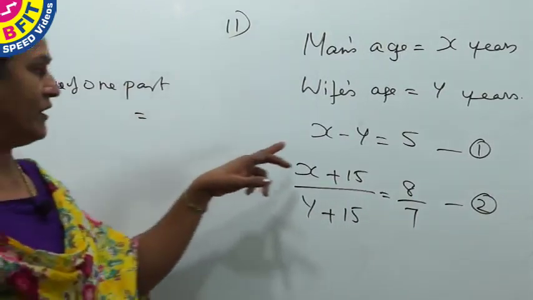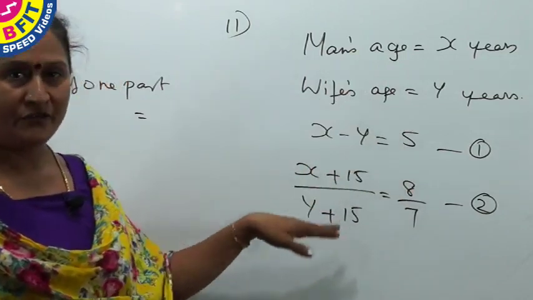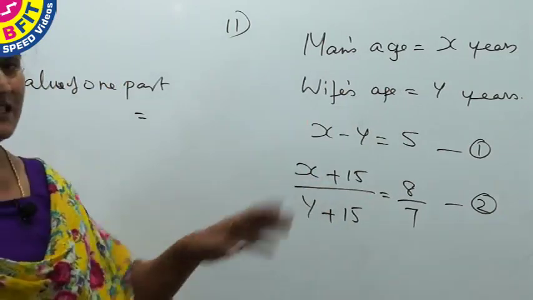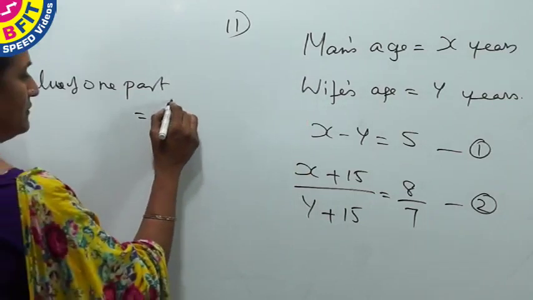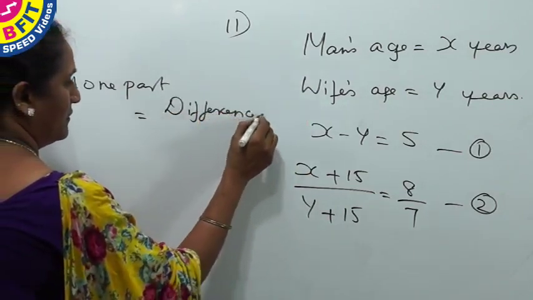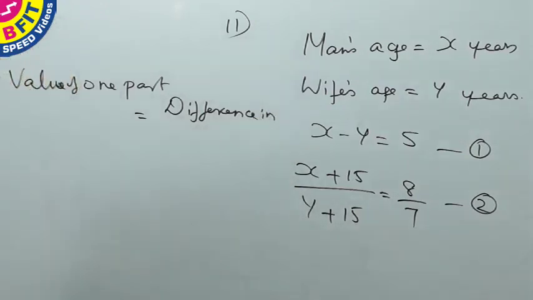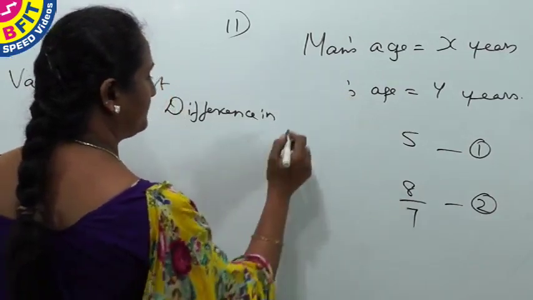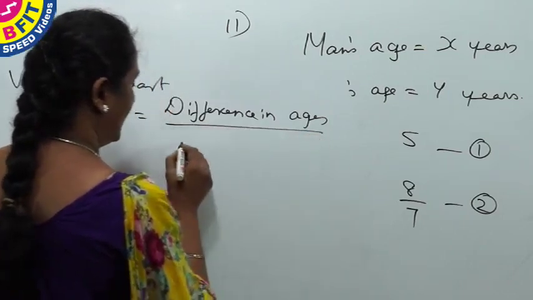Here they have given that the man is 5 years elder at the time of his marriage. After 15 years also, he will be 5 years elder. So the difference in their ages is given. To find the value of one part, we divide the difference in ages by the difference in ratio.